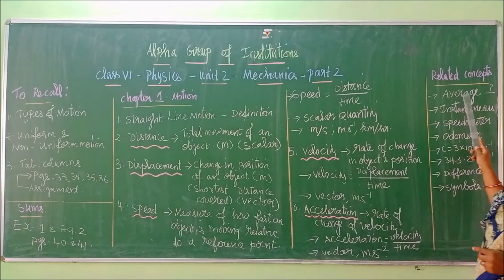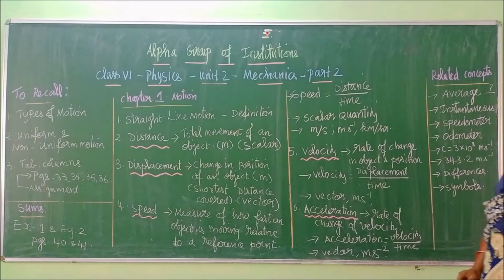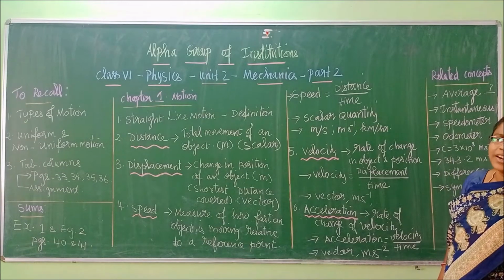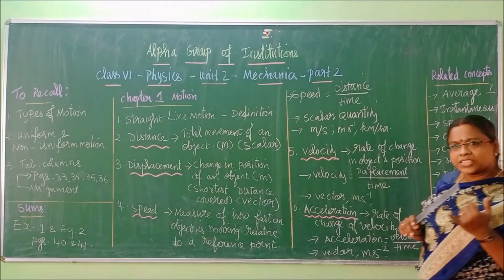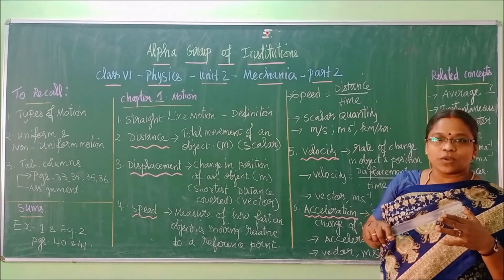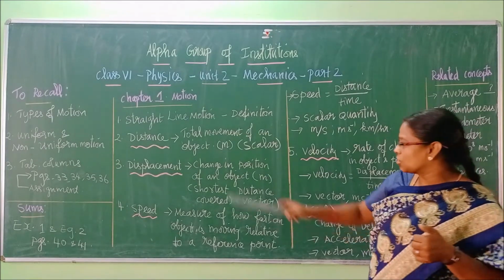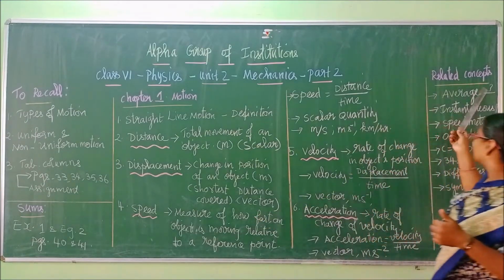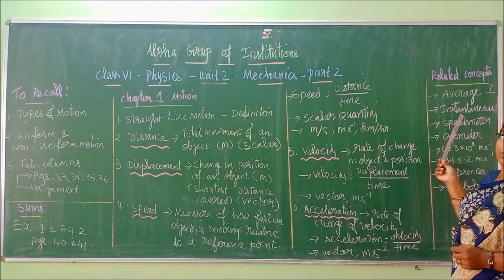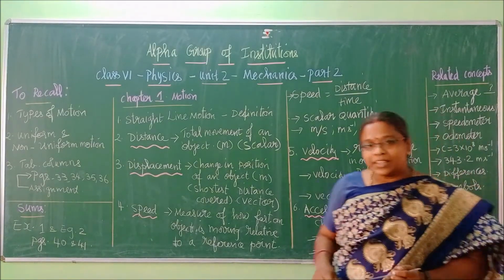First one is average. I have joined three or four concepts over here: average distance, average displacement, average speed, average velocity, average acceleration. All these will come over here. The same thing will come for instantaneous values also. Say the word instantaneous.